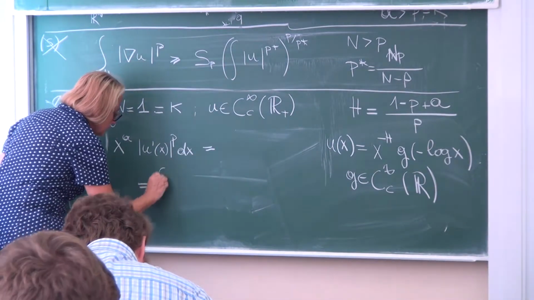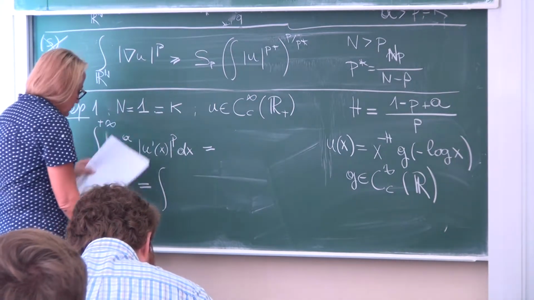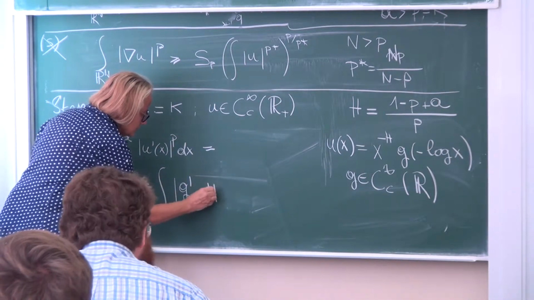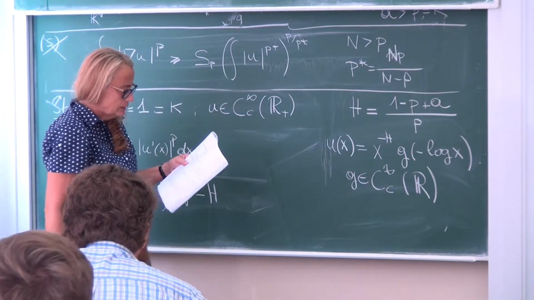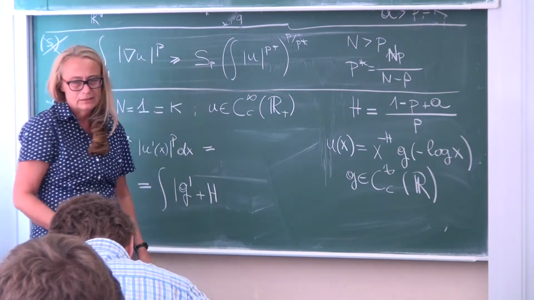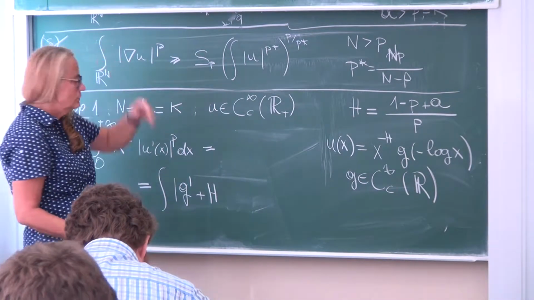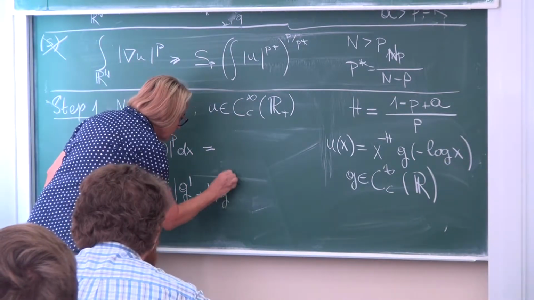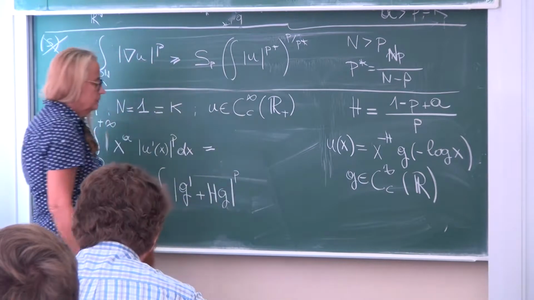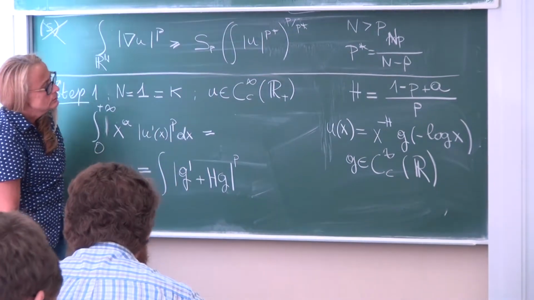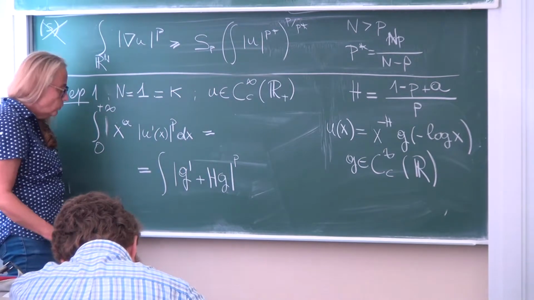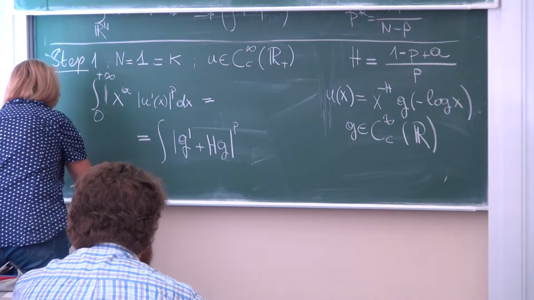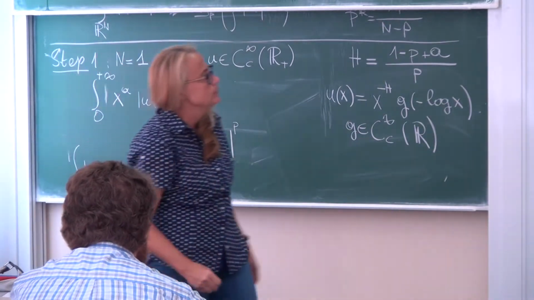Through this Emden-Fowler transform, I make some easy computation, and it turns out that this is minus, I don't remember, before I wrote minus, here I write plus. It doesn't matter if it is plus or minus. Perhaps it's plus, I don't know. In any case, I have the absolute value here. While if b is the right one, who should be b here?